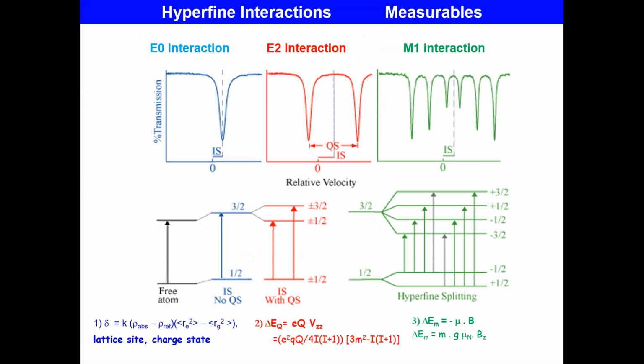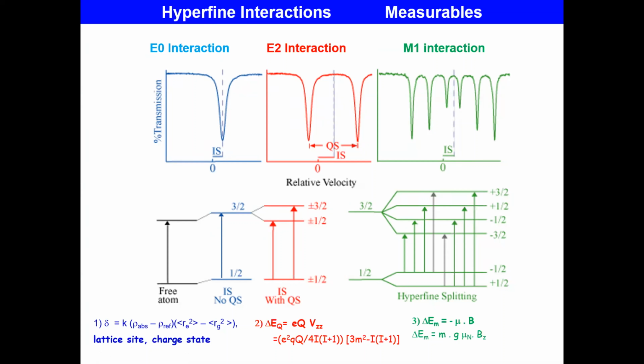What then are the measurables? The measurables depend on the hyperfine interaction. The first is the E0 electric monopole interaction, and this gives us what is called the isomer shift.